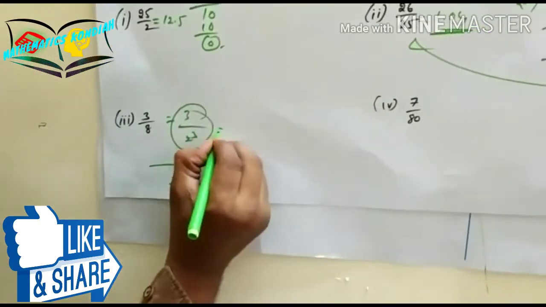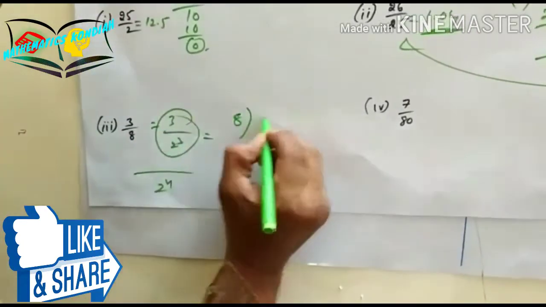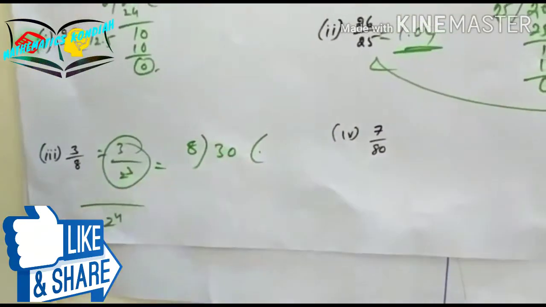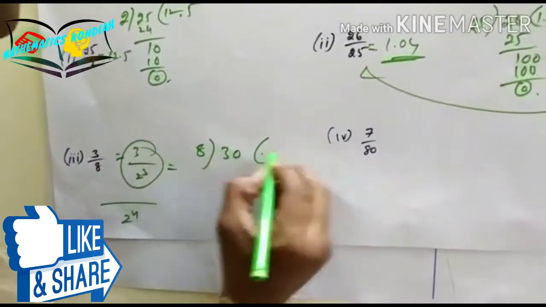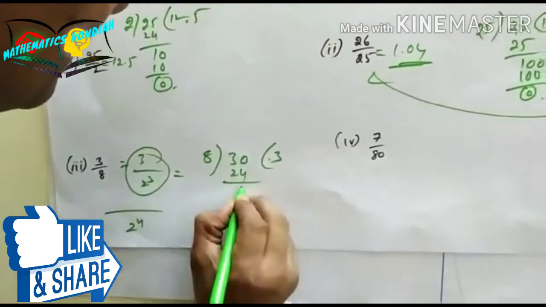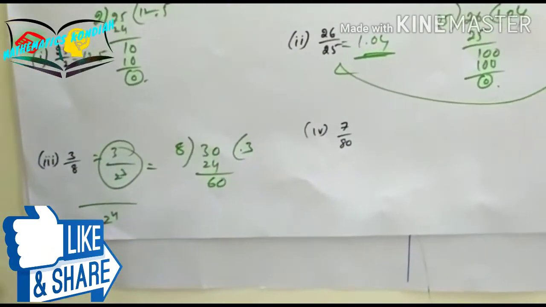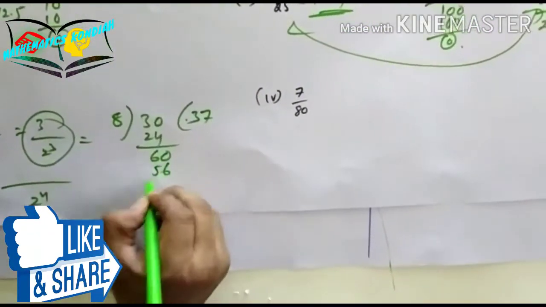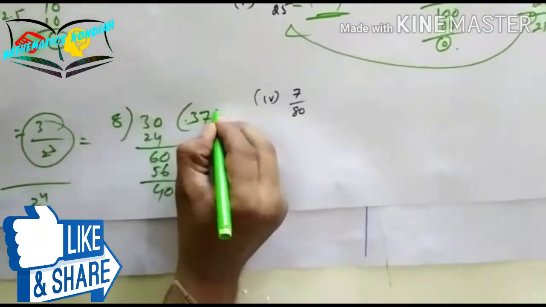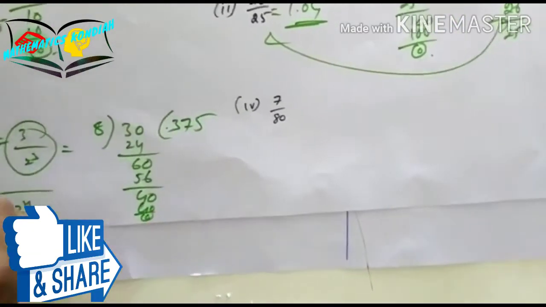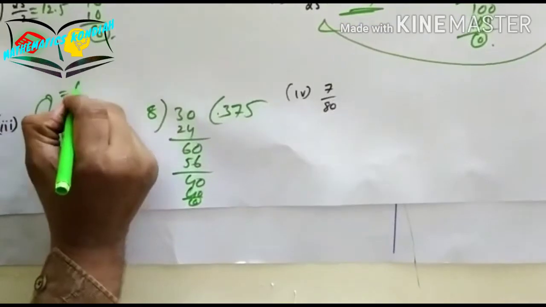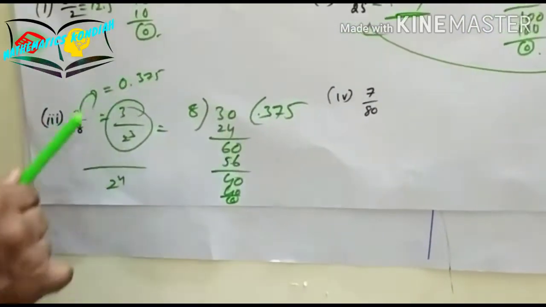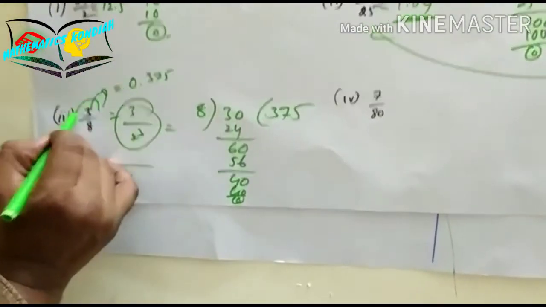For example, compared to 8, 3 is small, so take 3.0. 8 threes are 24, remainder 6, then 60: 8 sevens are 56, remainder 4, then 40: 8 fives are 40, remainder 0. So 3 by 8 means 0.375. This converts the rational form to decimal form.